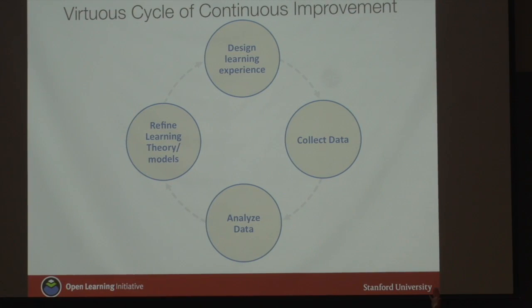We use those to design the learning experience. We then use the technology for what it's really good at, collecting the data. And then we analyze that data and use that to refine our theories and our models, which we then use to redesign the learning experiences. And through this continuous cycle, we'll ultimately transform higher education.